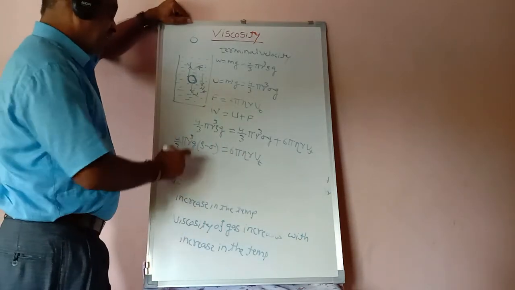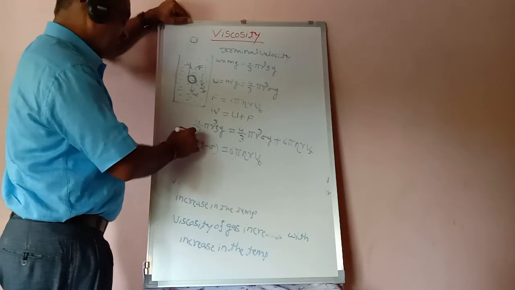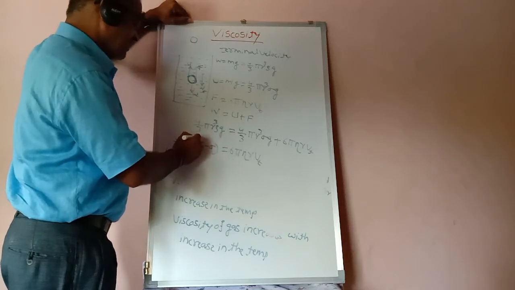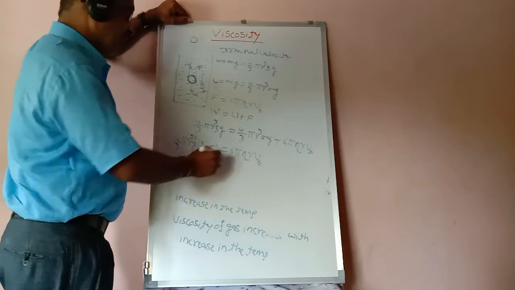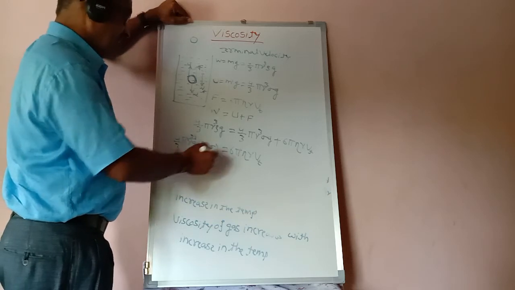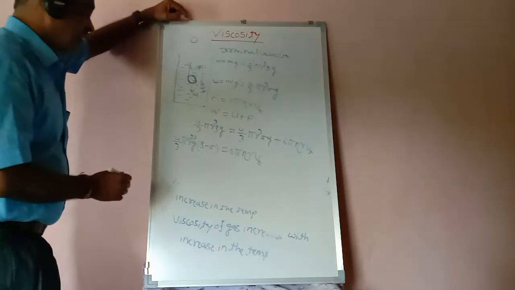So the pi cancels, and one r cancels. The remaining r is taken to the denominator, and nu is also taken to the denominator.